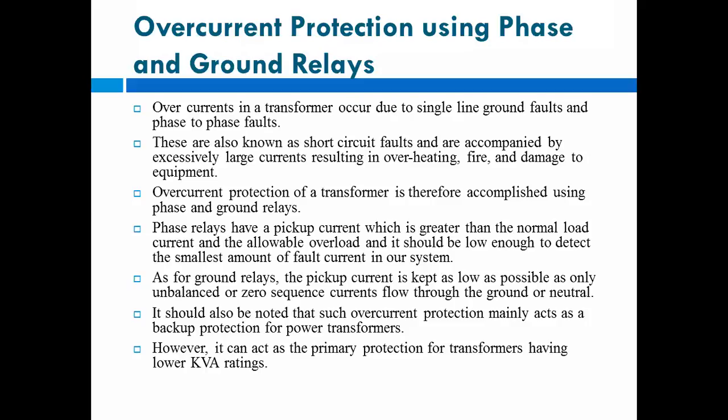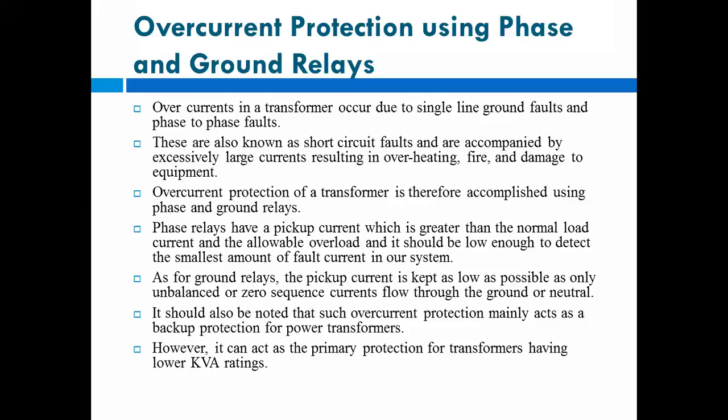So there are different line to ground faults and phase to phase faults. So when we are considering the ground faults, for ground faults the current value is low. But when we are considering the phase faults, okay, that time the current value is more. So this relay should operate for both these values.